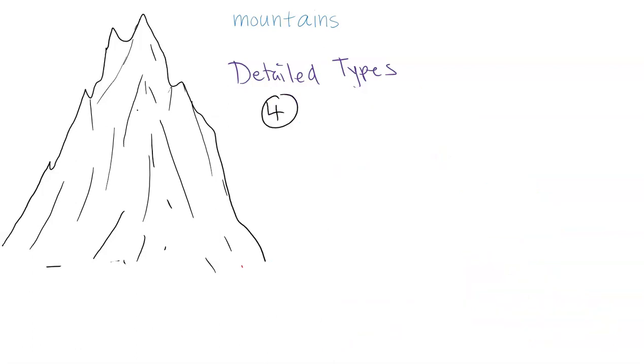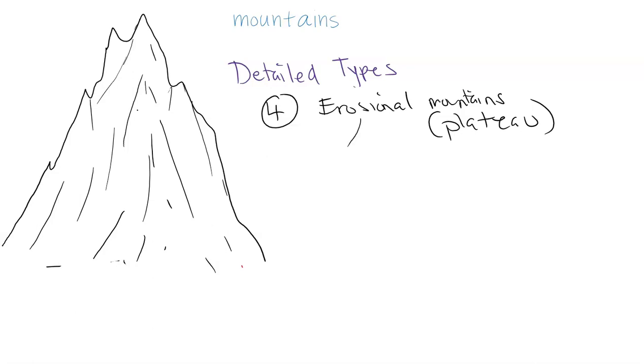The 4th type is the erosional mountains, also called the plateaus. All right, the Plateau Mountains. Now, erosional mountains, you might think is a little oxymoron because of the opposite nature of the word erosional.